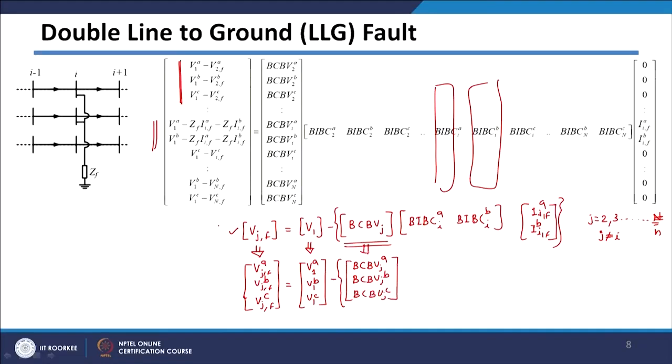So collectively I can write it like this. However, this part will remain the same. Here in this BI, BC we are already considering the faulted phases A and B, and this is getting multiplied with fault currents, which we have already calculated before calculating post fault voltages. So fault currents are known before calculating post fault voltages. By using this equation you can get post fault voltages at any bus.